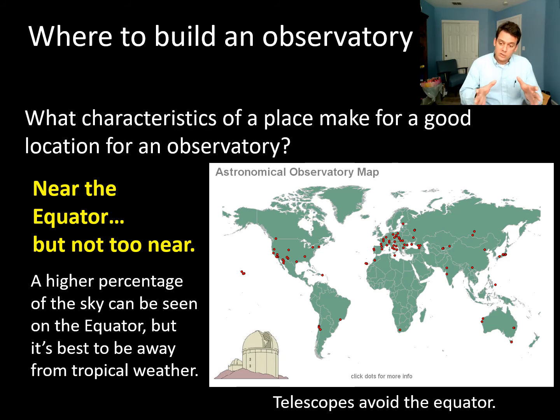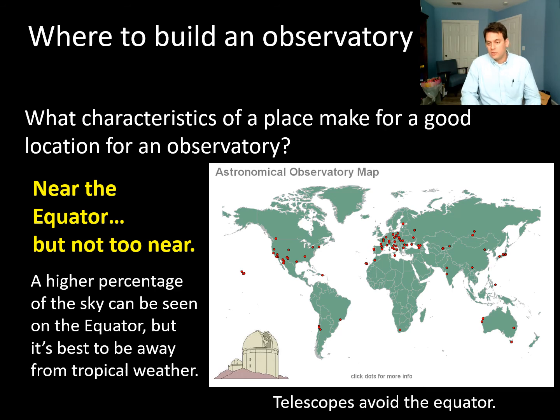But, as you probably are aware, the closer you get to the equator, the more humid it tends to get as well. And we've just said that we would really like our ideal observatory to be located somewhere that's dry.